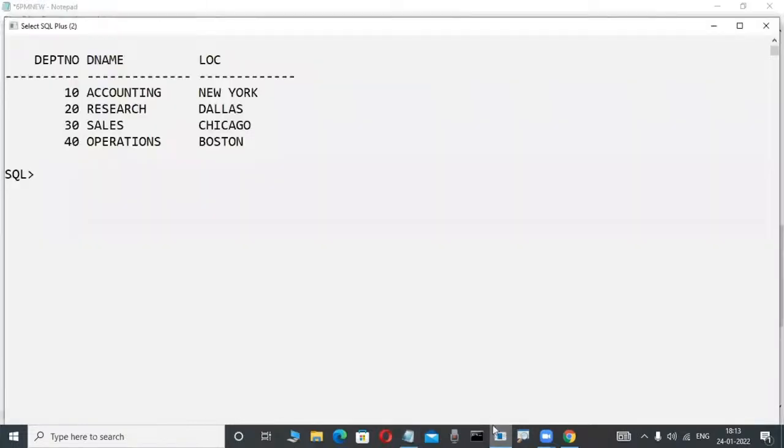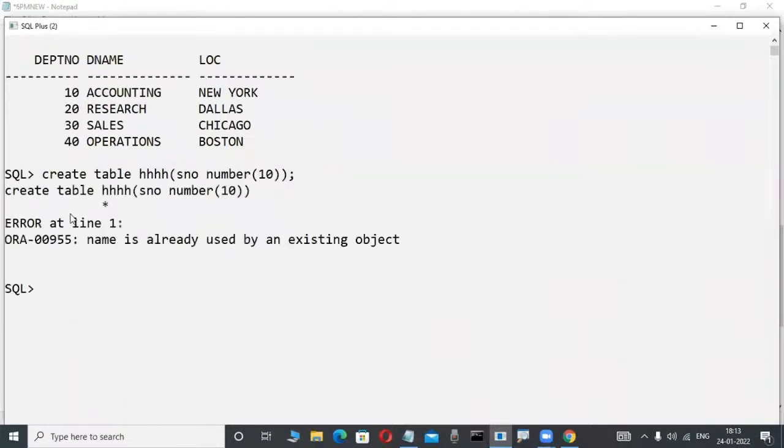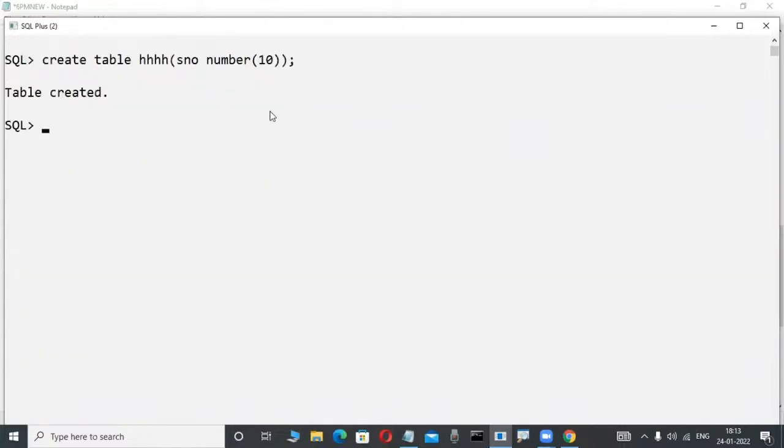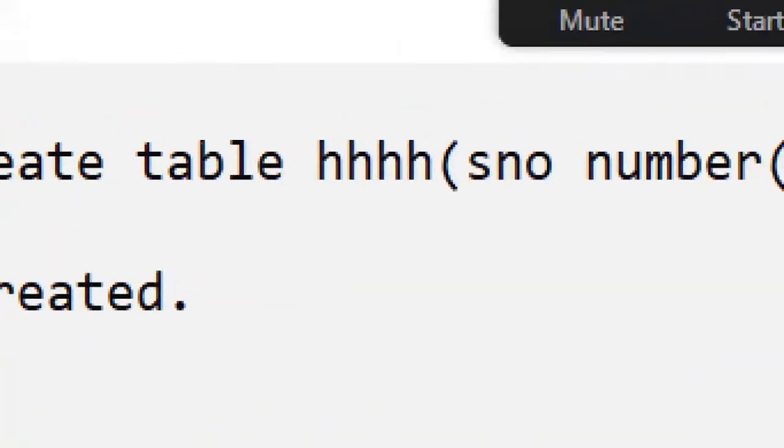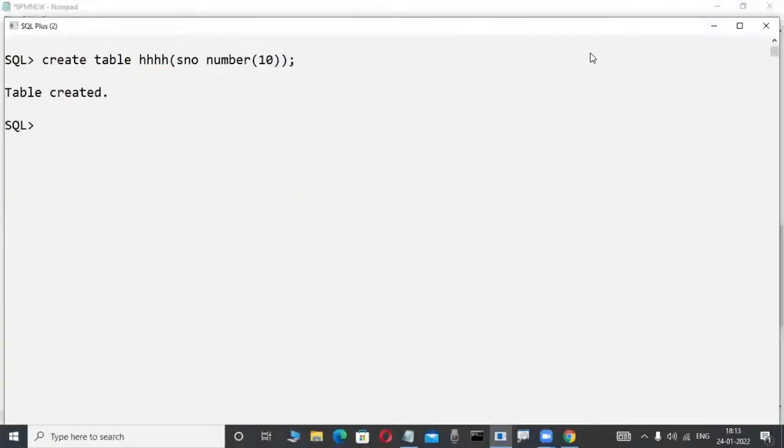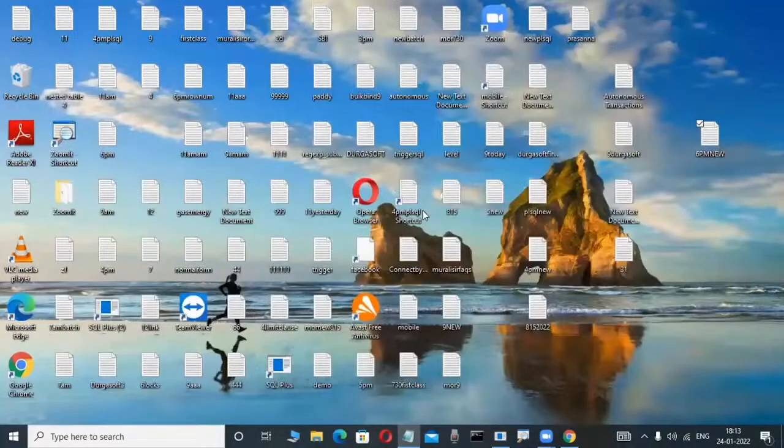Suppose you are creating a table or anything in your database, for example. Whenever I'm creating a table, observe here, this is not visible in the operating system. I'm installing Oracle on my system.